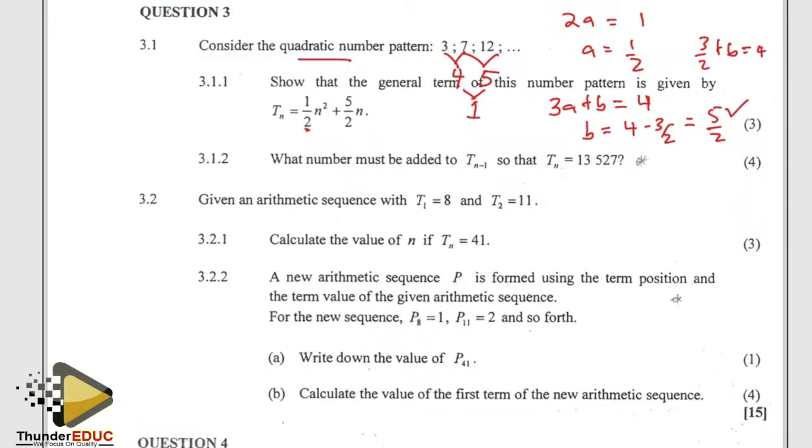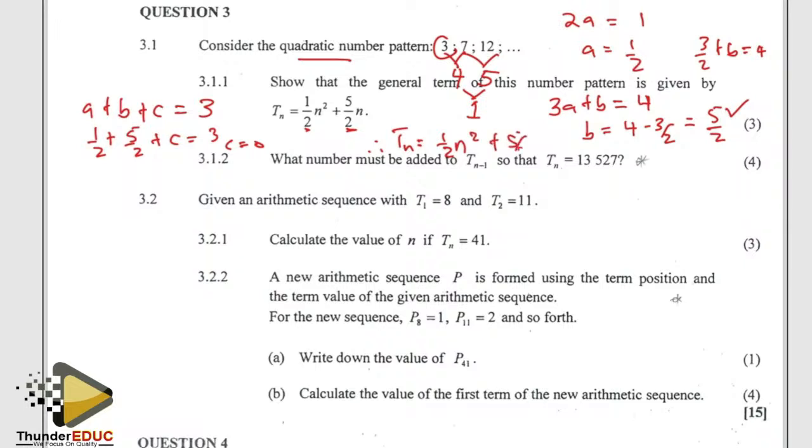So that's our b, which is here. Now let's confirm if there is really no c. If I get a plus b plus c, I should be able to get this first term, which is a 3. So a is a half, b is 5 over 2, plus c is equal to 3. So this can be simplified to a 3, and the 3 cancels, c is a 0. So therefore, Tn becomes a half n squared plus 5 over 2 n.